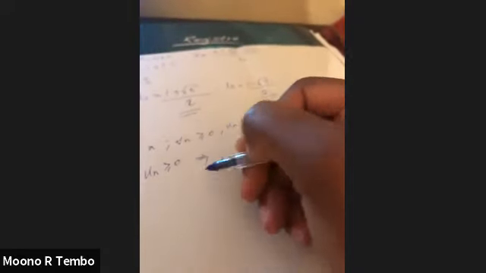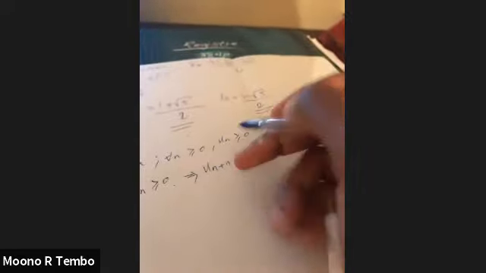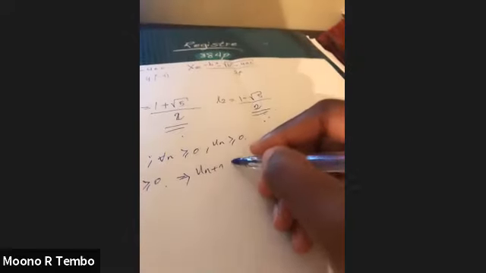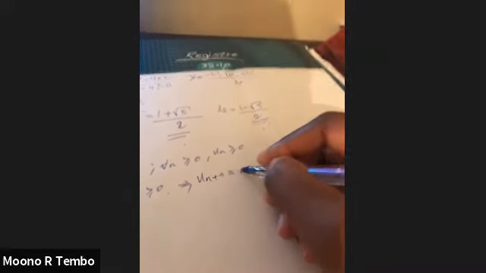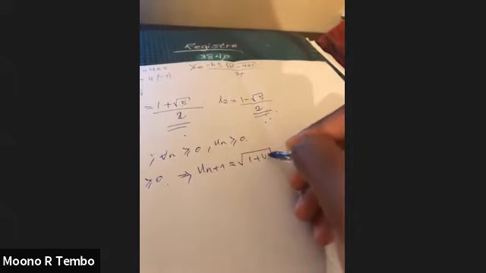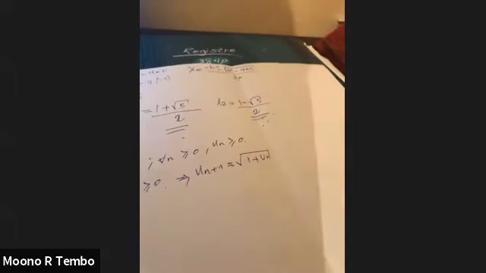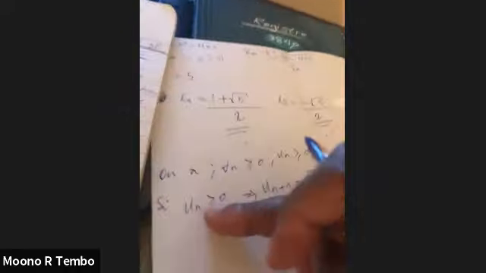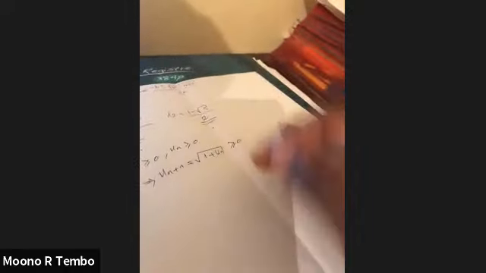It's going to be equivalent to UN plus 1. Remember our initial question is equal to the square root of 1 plus UN. From our initial question, this was greater or equal to 0, and this part here is greater or equal to 0.